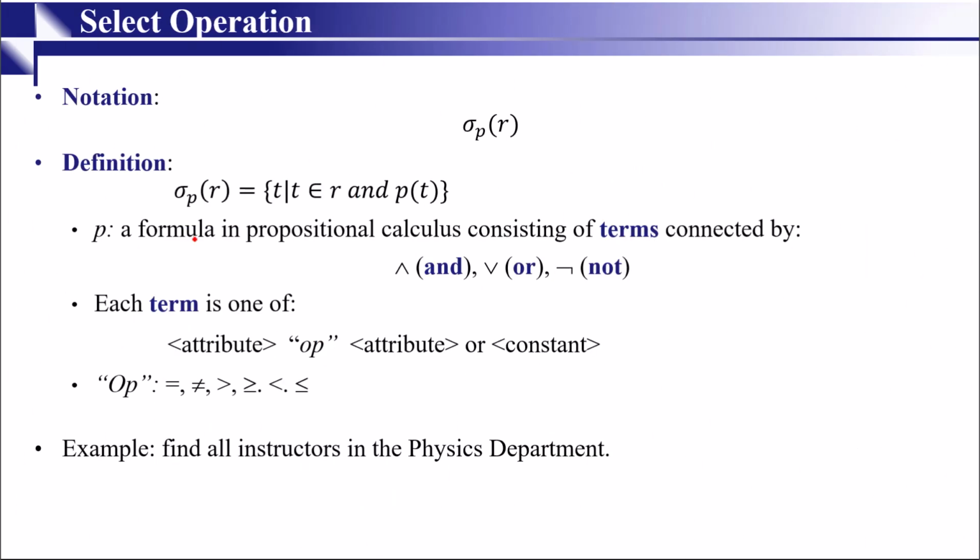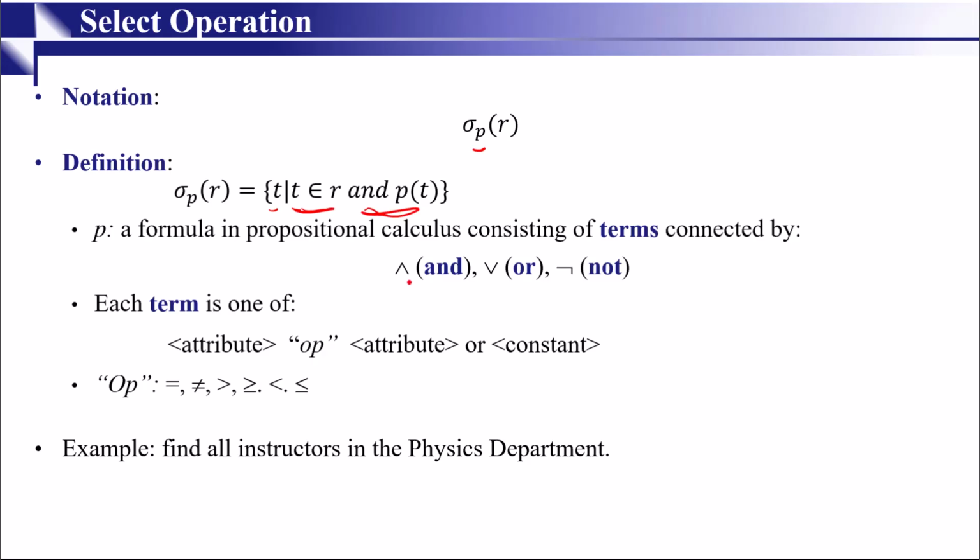So the first operator is the selection operator, which we show by sigma p. This selection operator filters tuples from a relation based on a condition, right? So we can say sigma p of r is the set of tuples t such that t is in r and the condition is satisfied.